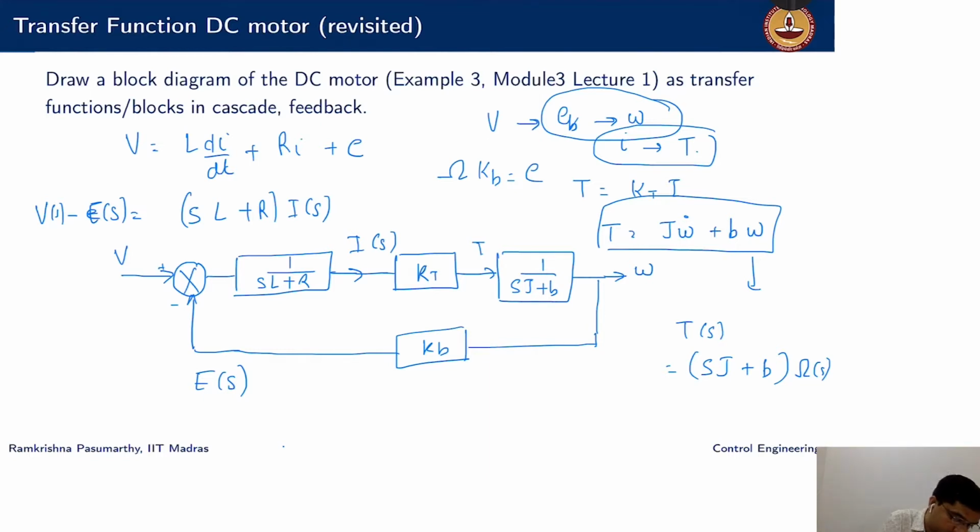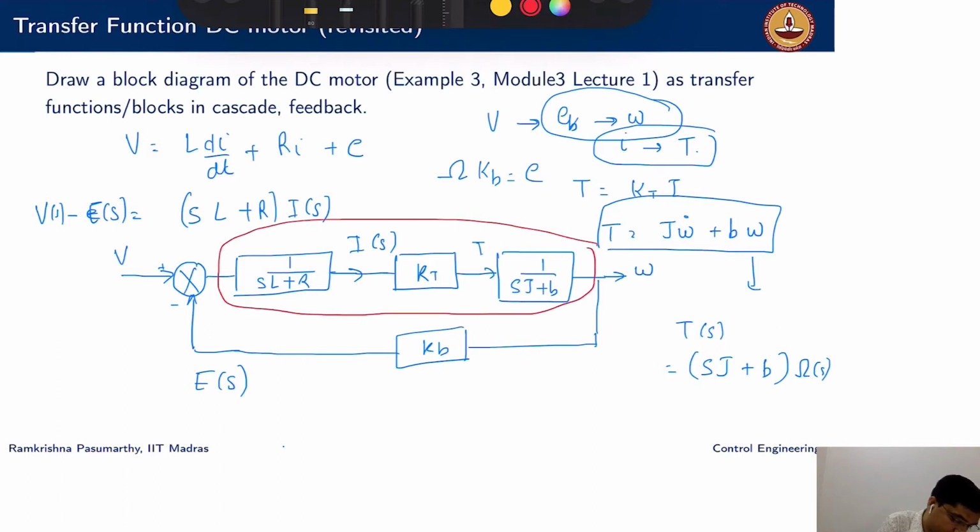So there are these three things in series. This three things in series will now become, I just write it in red, KT over (sL plus R)(sJ plus B). Now we have this in the standard form, right?